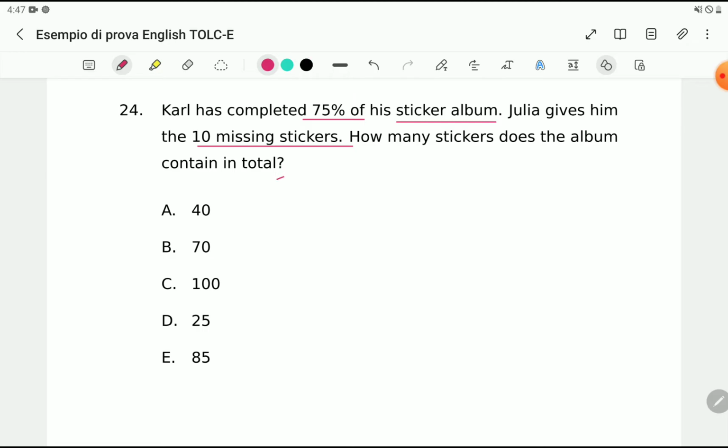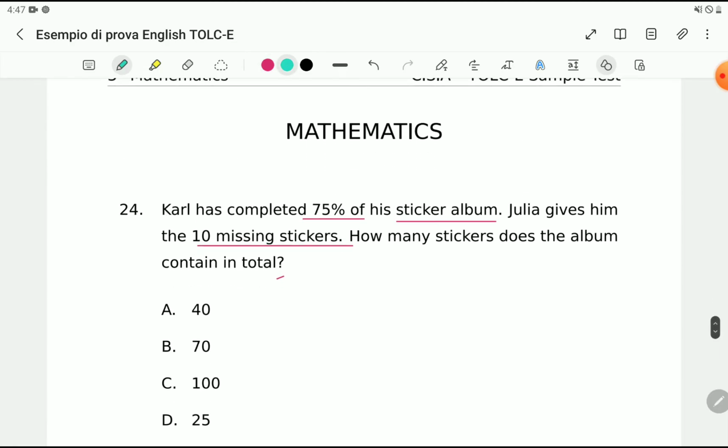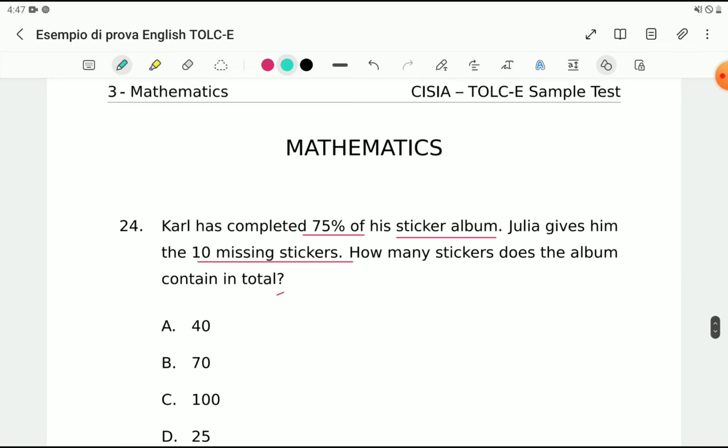So what can we do? Let's use algebra to solve this problem, and let x represent the total number of stickers in the album. What do I mean by that? Let's consider a rectangle.